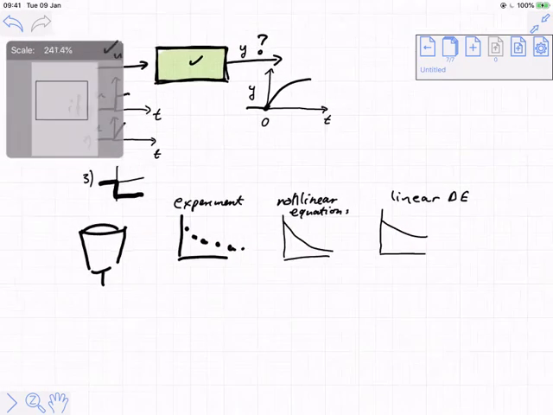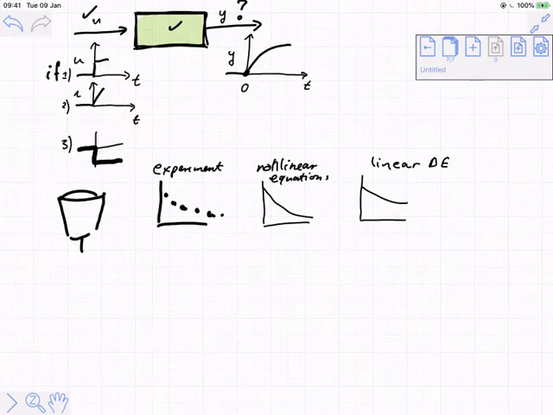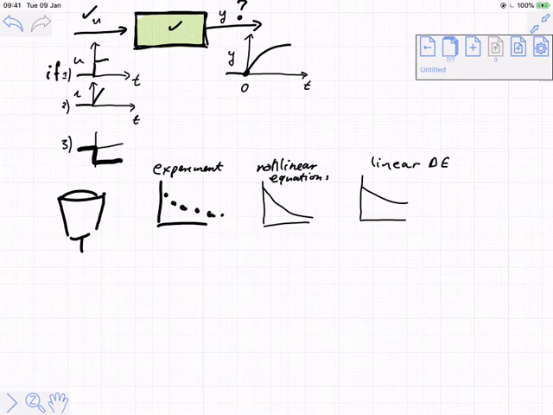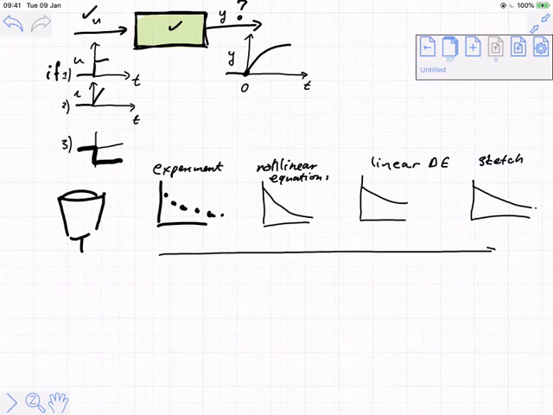Further, actually, there's another part of this. We've got our experimental methods, we've got our nonlinear equations, we've got linear differential equations, and then we've also got the thing that's also quite important to me, which is just sketch-based methods or intuition. In other words, being able to predict what those things will do without doing mathematics. On the one hand, we're saying, in this direction, or actually let's say here, ease of calculation.